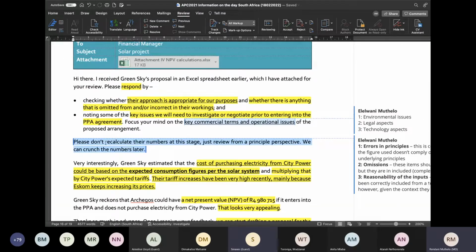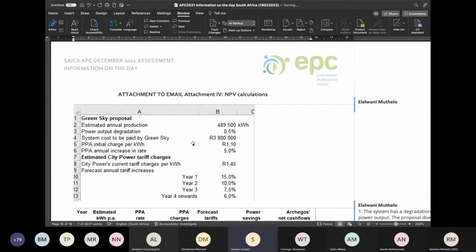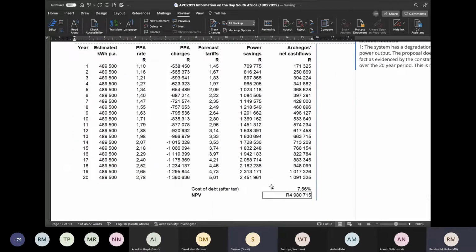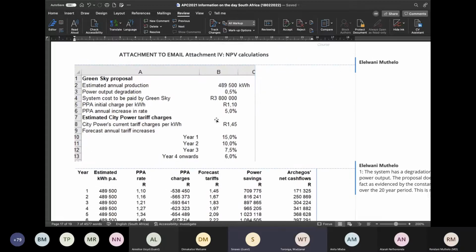A recalculation involves recalculating an NPV, but doing a financial analysis to determine whether the growth rate is reasonable is not a recalculation. Okay, thank you.